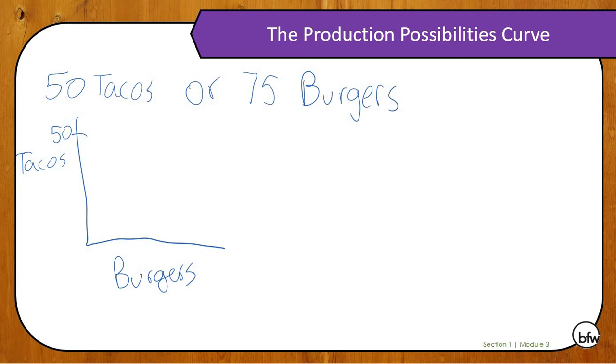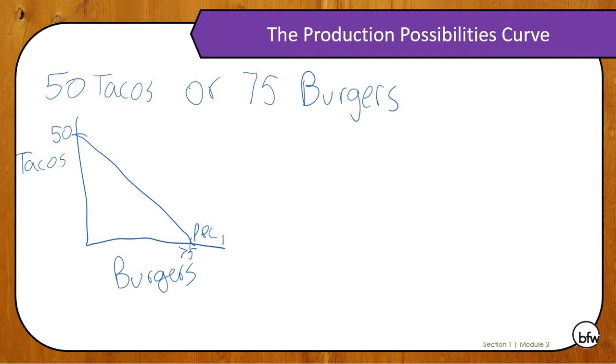So on tacos I'm going to put 50, and on burgers I'm going to put 75 here. And then we're going to draw a line that connects those two, and we're going to label that production possibility curve 1. And that's it. That's our production possibilities curve.